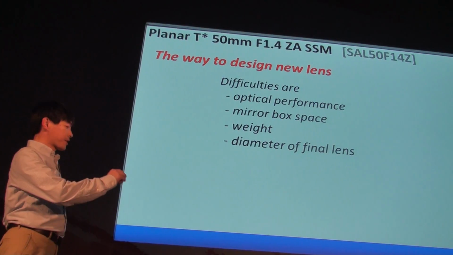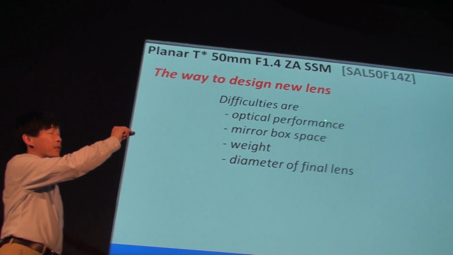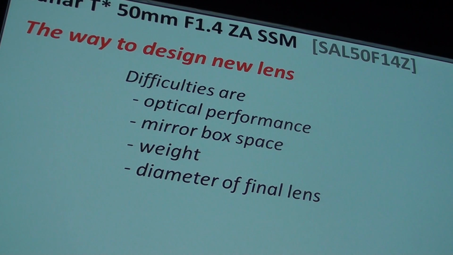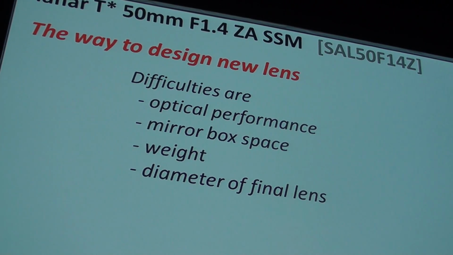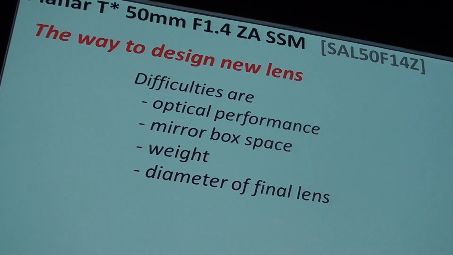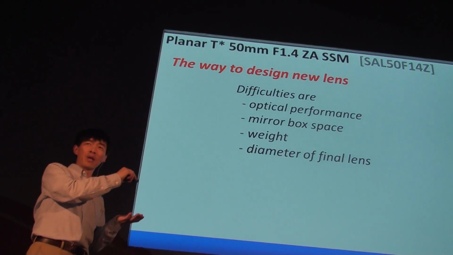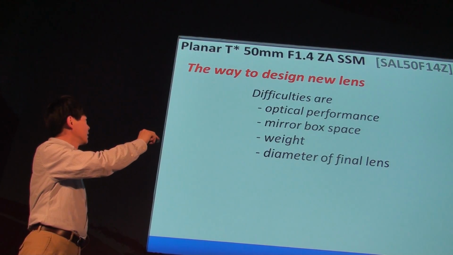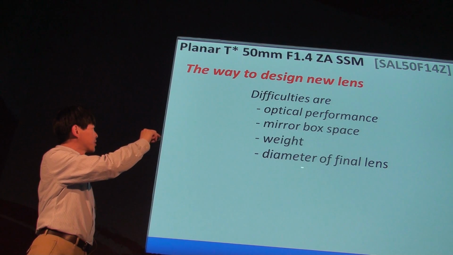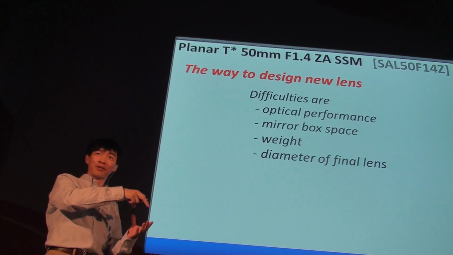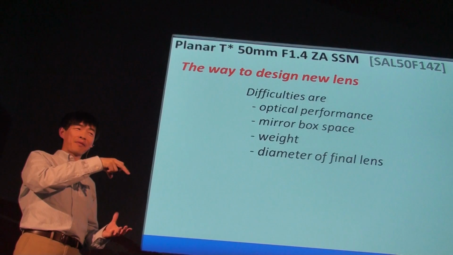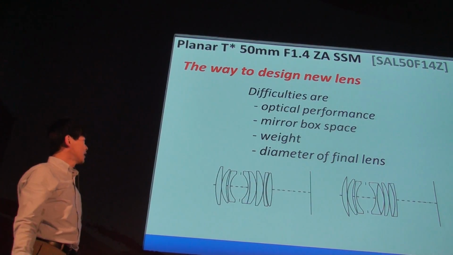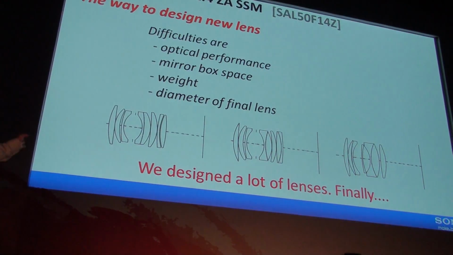The difficulties are, of course, the optical performance, getting reliable space after the lens, and the weight. Because the SSM can control a lightweight lens, we have to reduce the weight of the lens. And finally, the diameter of the final lens. There is the mount, so we have to make it small. And finally, we designed a lot of lenses.